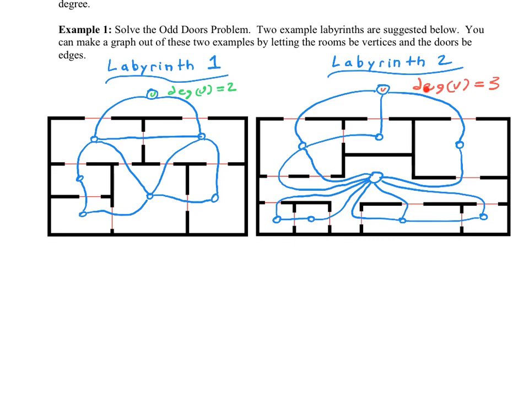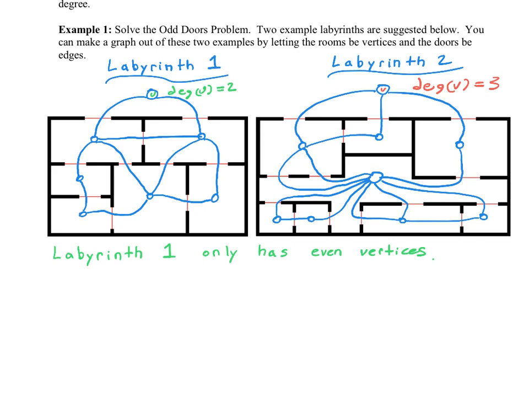So it could not be this labyrinth because we've already discovered an odd degreed vertex. So labyrinth 2 cannot have all of its vertices having an even degree. So it must be labyrinth 1 that has all of its vertices of even degree.